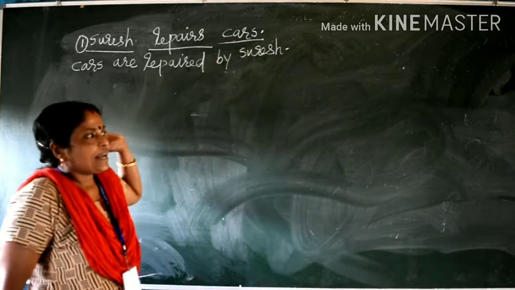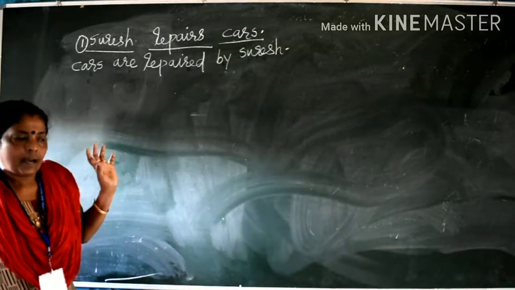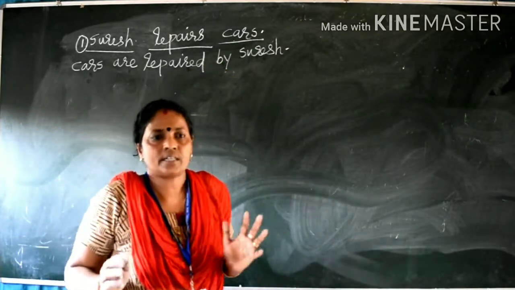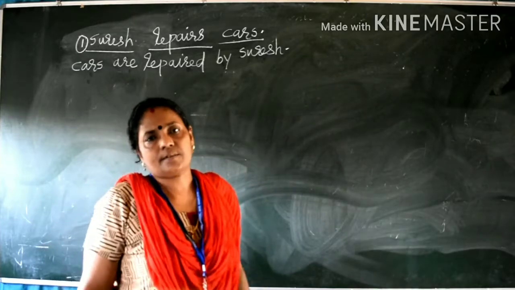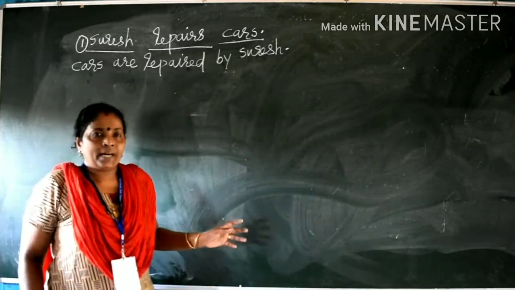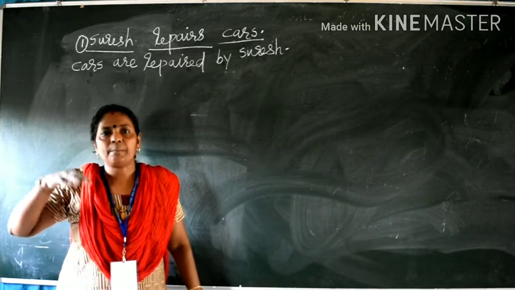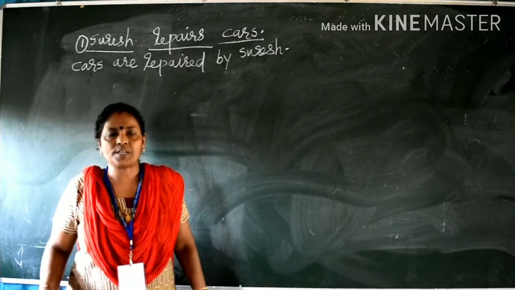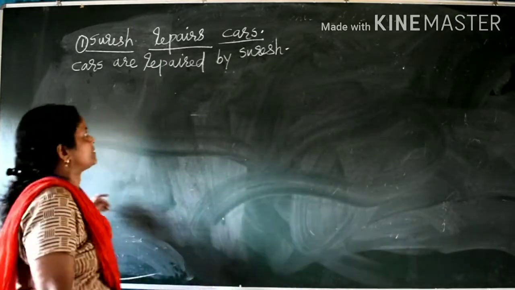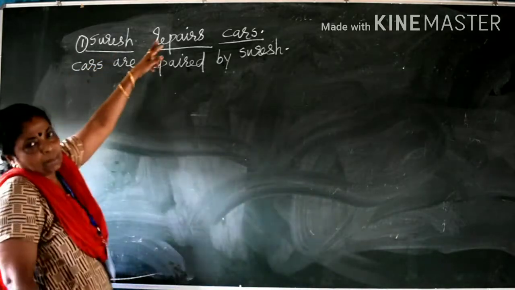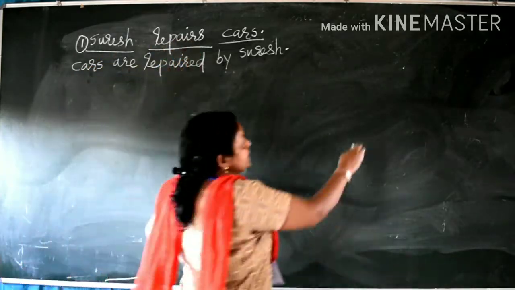And children, every sentence has 12 tenses, but between active and passive, we will make the passive voice in only 8 tenses. This is simple present tense. How will you identify the tense?